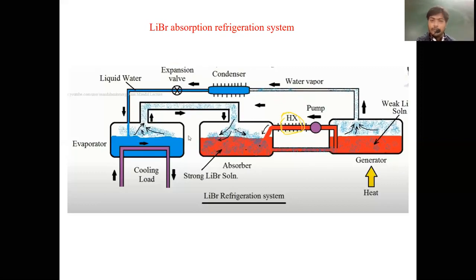That's why we use the heat exchanger between the pump and the absorber. And why do we use the pump? To supply the lithium bromide to the absorber. Okay guys, this is the complete cycle of the lithium bromide absorption refrigeration system. Clear? Thank you so much.